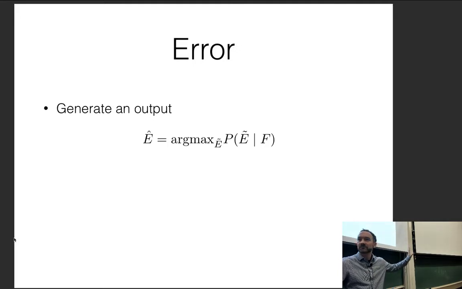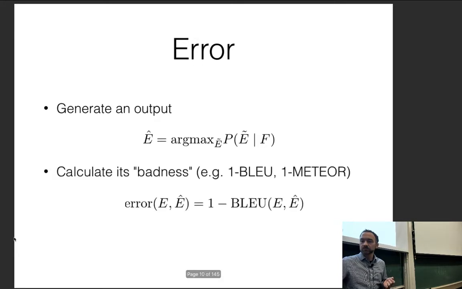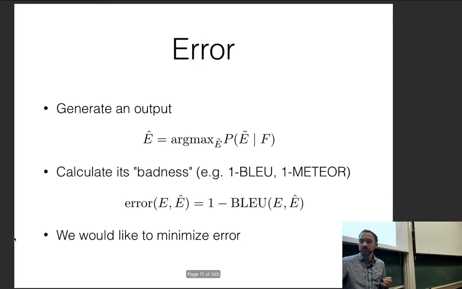But for now, let's assume that we're generating an output given the input like this. We calculate its badness. So if we have a score of goodness, like a BLEU score or a Meteor score, then we would calculate our error as 1 minus that value. It could be 1 minus our accuracy of a part of speech tagging task, or 1 minus F1 score of a parsing task, for example. And we would like to minimize this error.